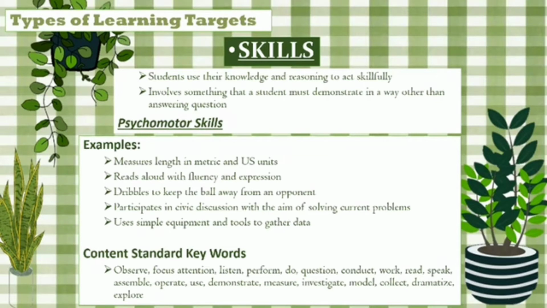Examples of skills are: measures length in metric units, reads aloud with fluency and expression, dribbles to keep the ball away from an opponent, participates in civic discussion with the aim of solving current problems, and the last example, uses simple equipment and tools to gather data.